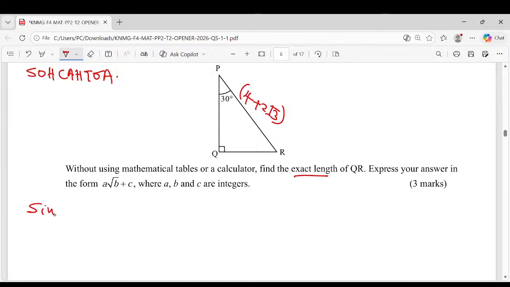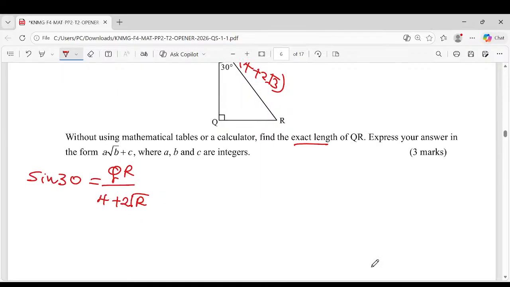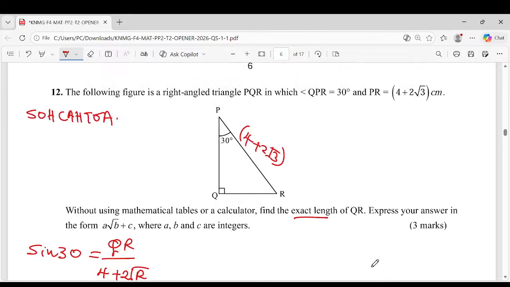So I know that sine 30 will be given by the opposite, which is QR, over the hypotenuse, which is 4 plus 2 root 3. But now what is sine 30, ladies and gentlemen? Sine 30 is normally a half. And how do you know it's a half?